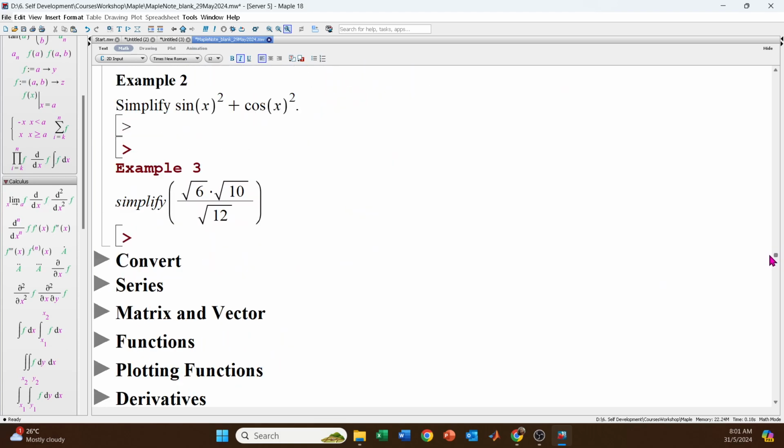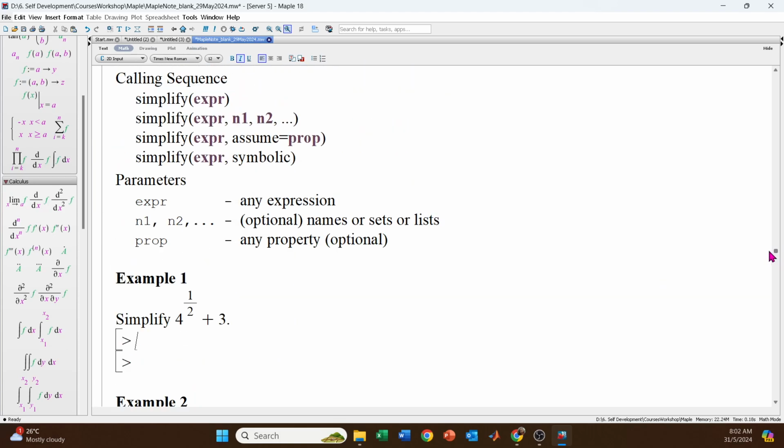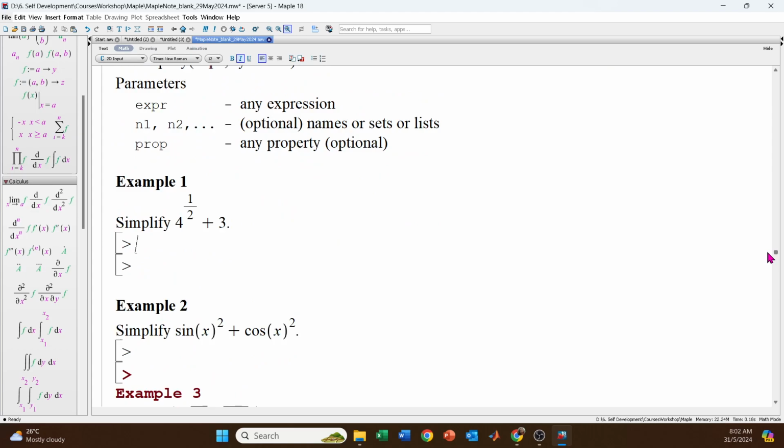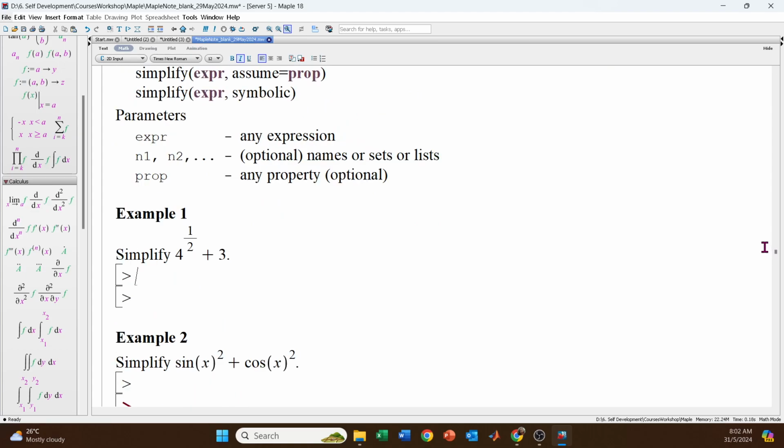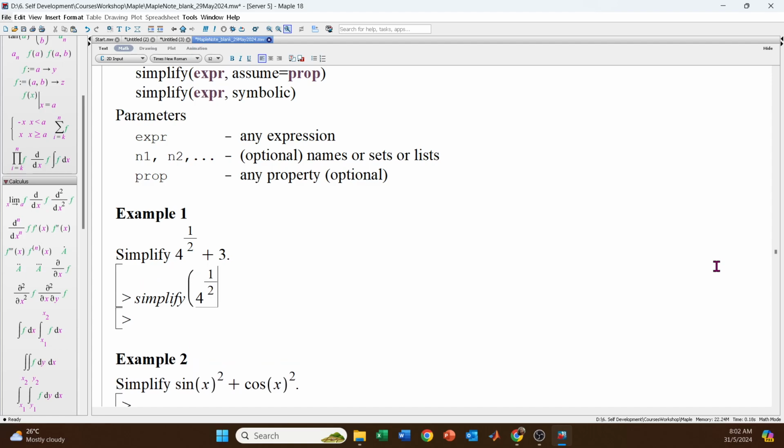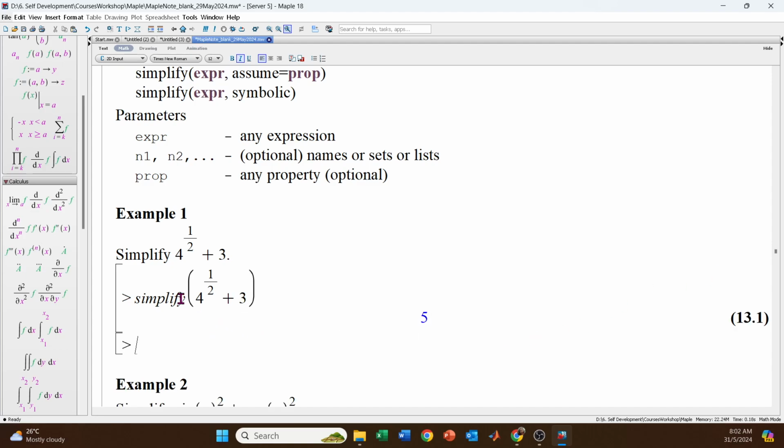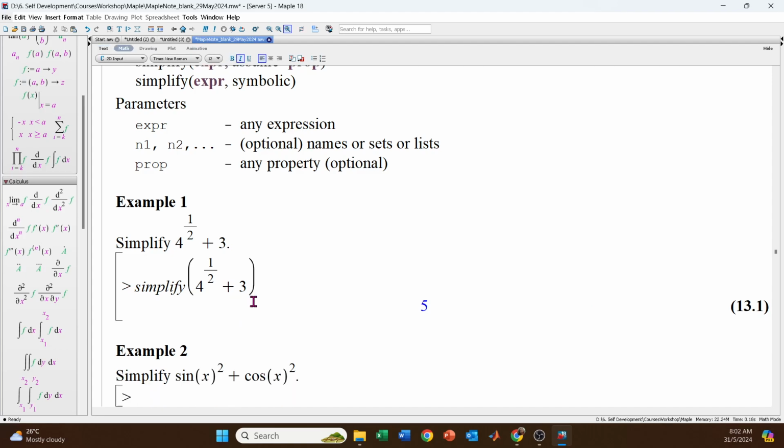Okay, and then later on we have simplify. Let's say 4 power 1 divided by 2, plus 3. So this is the square root of 4, which is 2, plus 3 is 5. So I can delete that. Okay, simplify sin x squared plus cos x squared.